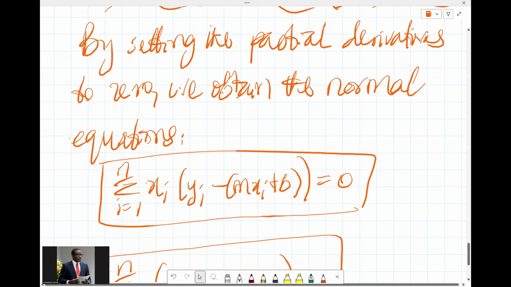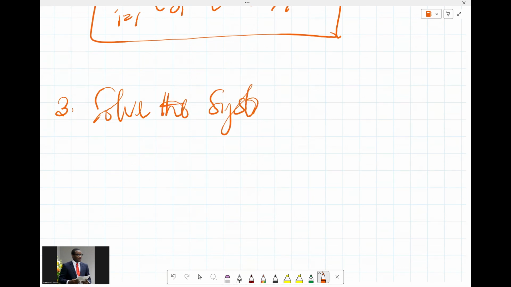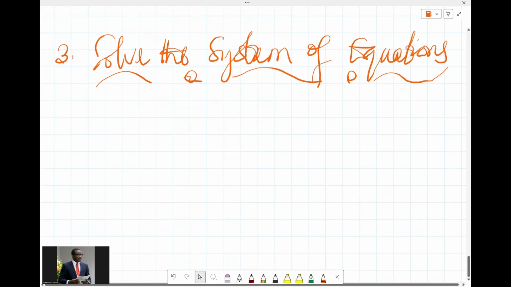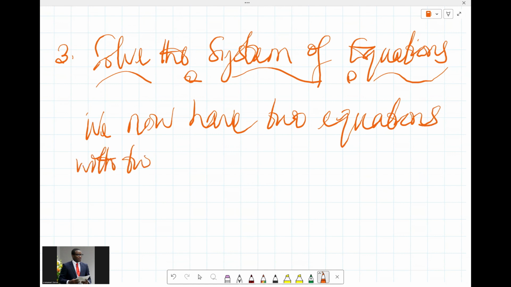Then step 3, the third step, is to solve the system of equations. Here, we now have two equations with two unknowns.